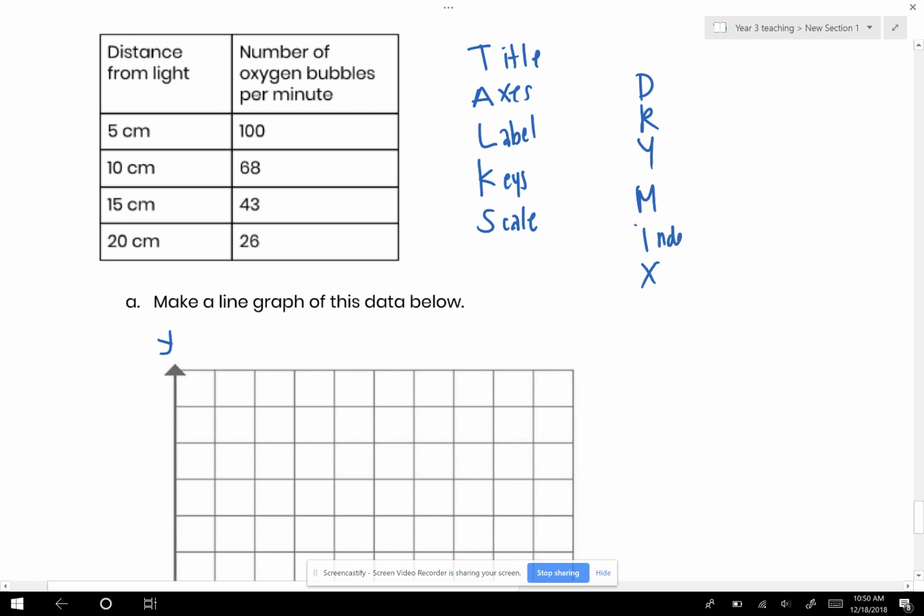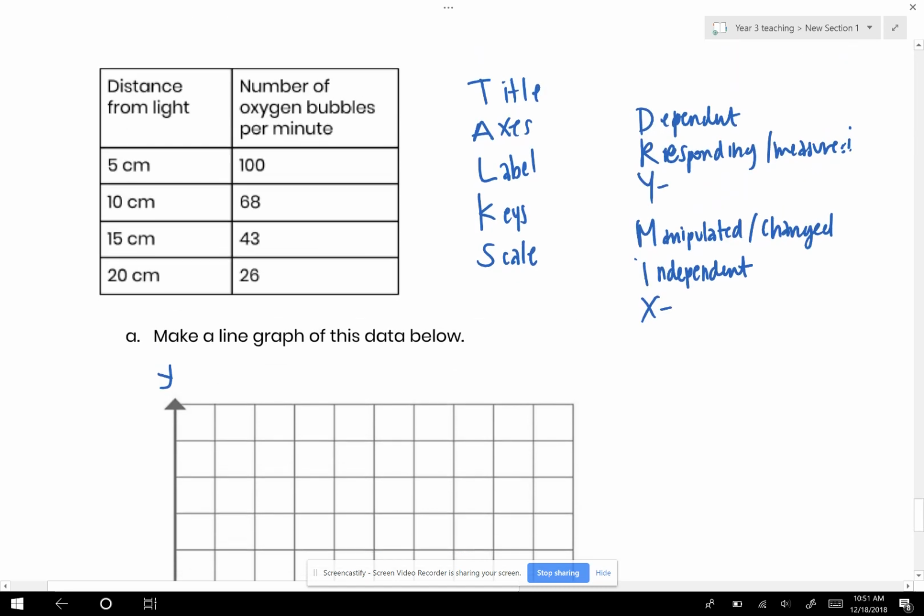So this is our independent, our manipulated or changed variable, and it goes on the X. This is our responding or measured variable, that is our dependent, and that goes on the Y.